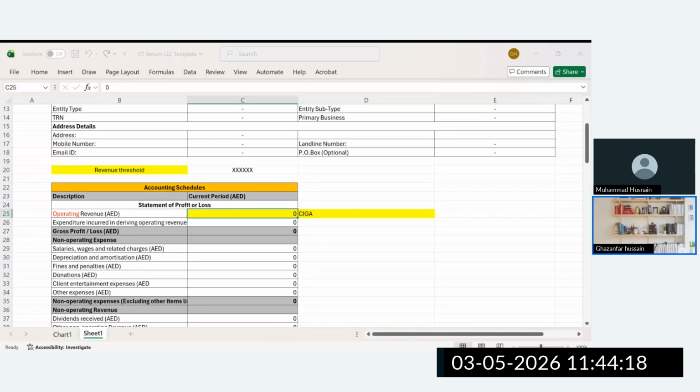What is the guideline? The segment reporting has to be there. If the entity is operating more than one business activity, the split of that activity should be reported in the financial statement.